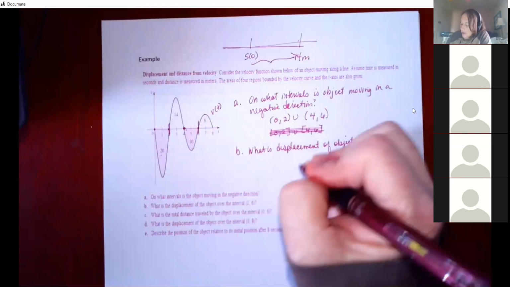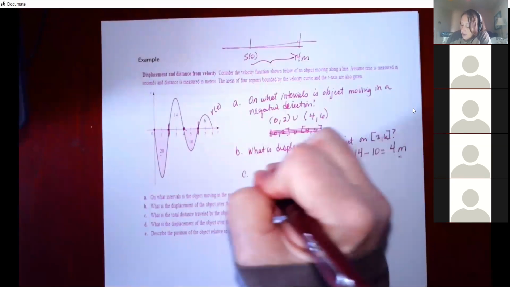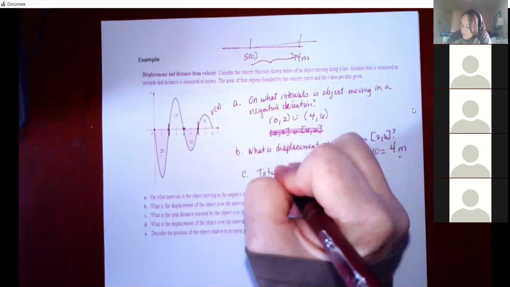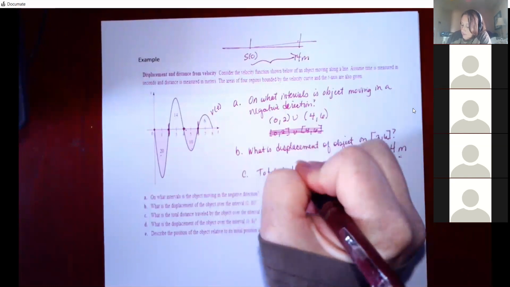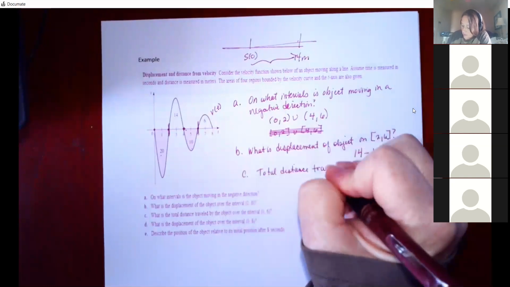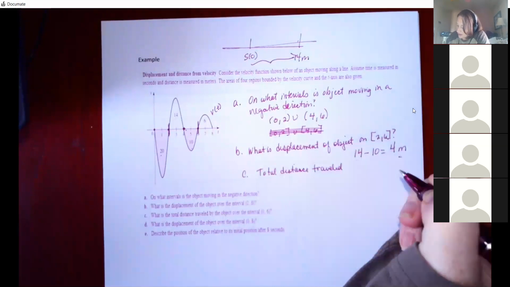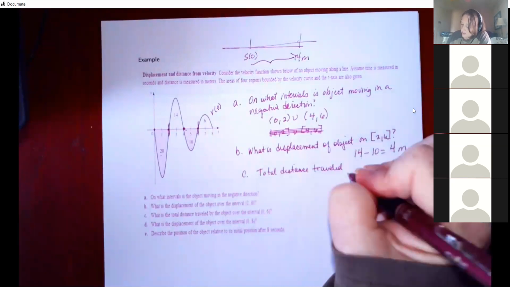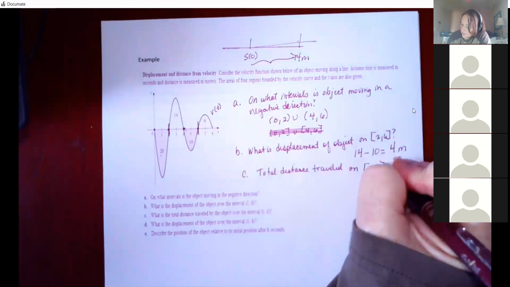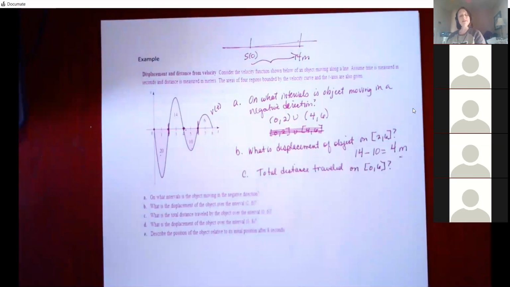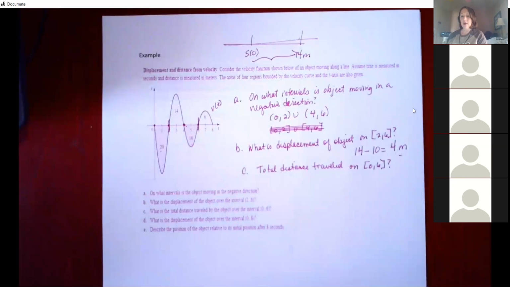All right, so what about total distance traveled between 0 and 6? Now remember, total distance traveled is going to be the same as the area of the absolute value of our function.